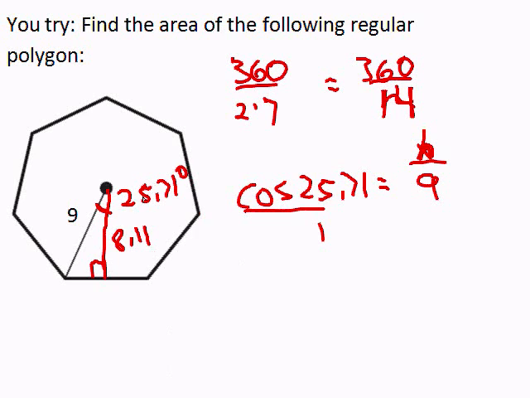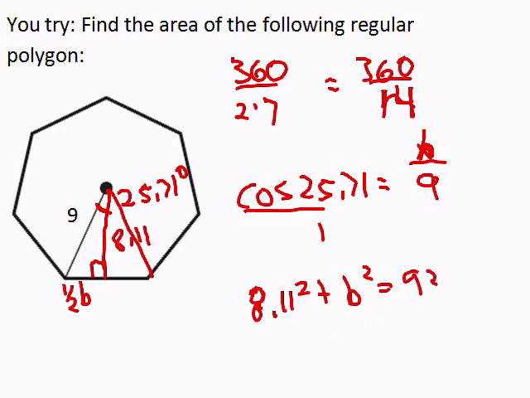Now that we know the height, we can go ahead and find the base, or rather half of the base, because really we're looking for the base of the entire triangle, not just this half right here, by doing a squared plus b squared equals c squared, or you can use SOHCAHTOA again. I'm going to use a squared plus b squared equals c squared. So we get 8.11 squared plus b squared equal to 9 squared.